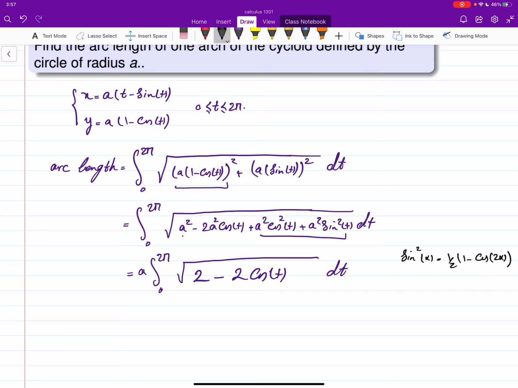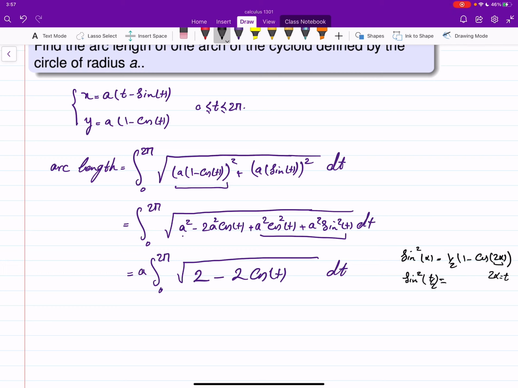Here now I want to go backward. I want to take 2 alpha to be t. Then 1 minus cosine of t is going to be equal to sine squared of t over 2.